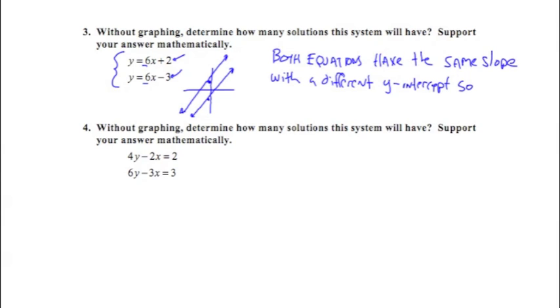So they are parallel. This means or indicates no solution.